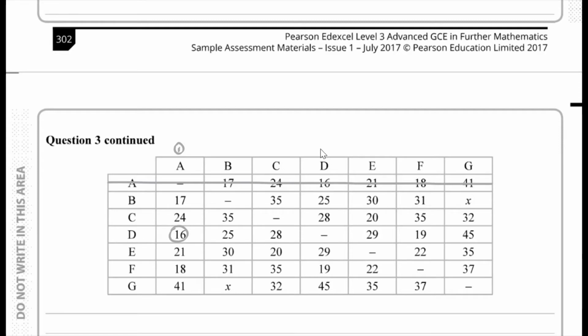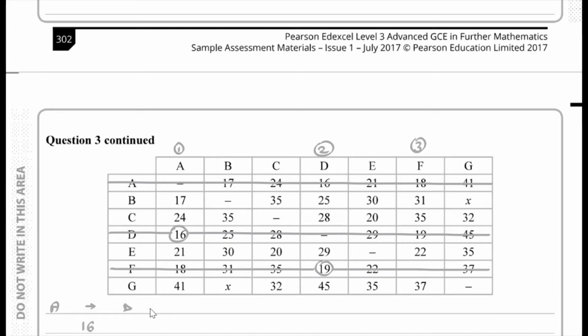That corresponds to D, so D we'll label with a number 2, and then we'll delete all of the row D. Okay, so we have A going to D, that's 16, and then we look down D. The smallest one is the 19. That corresponds to F, so we'll label F with number 3 and delete this entire row. So we go from D to F and we have 19.